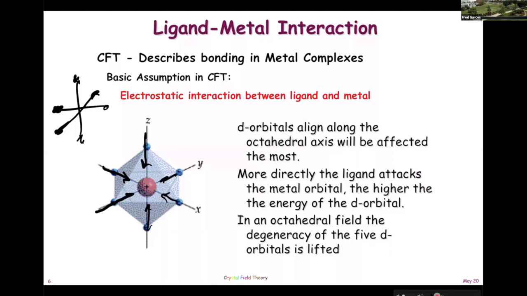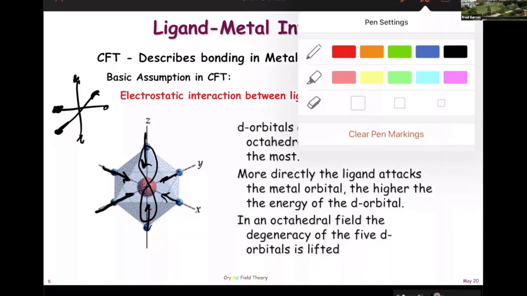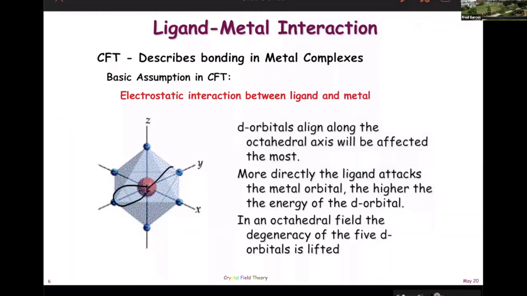In fact, it affects the d orbitals that are pointing directly along the x, y, and z axes. And which orbitals are those? It's going to be the dz squared, which has orbitals along the z-axis, and the dx squared minus y squared, which has orbitals around the x and y-axis. These orbitals lie directly on those axes.